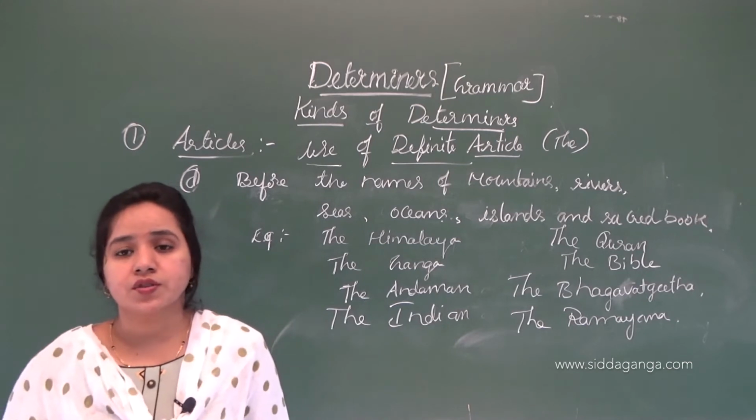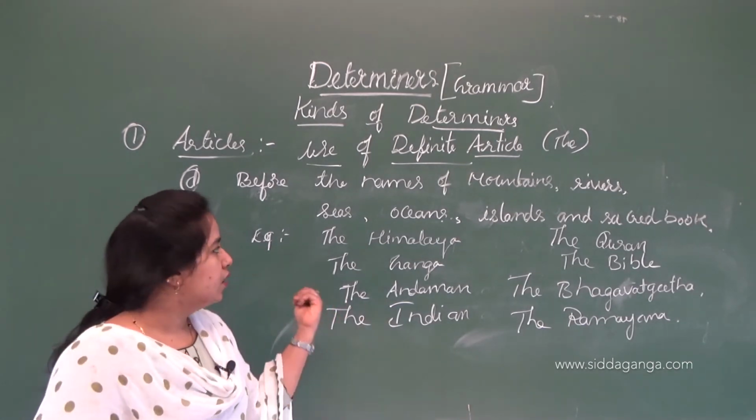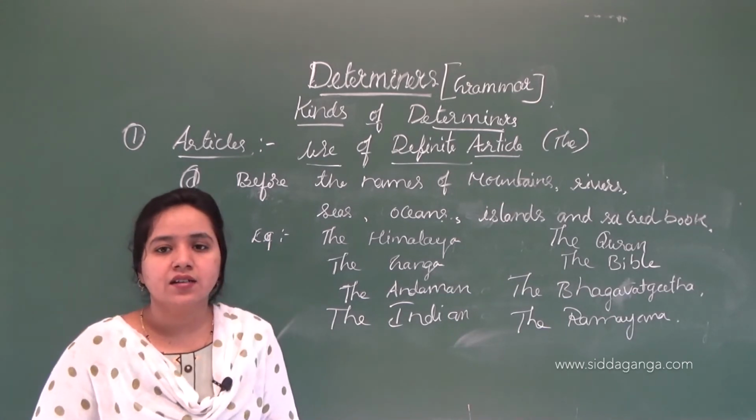So the is used before the names of mountains, rivers, seas, oceans, islands, and sacred books.